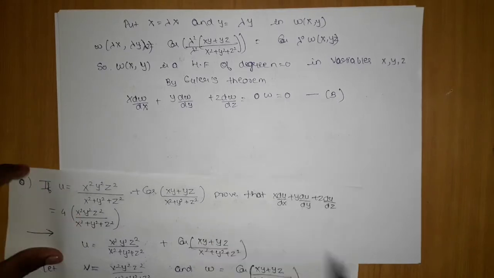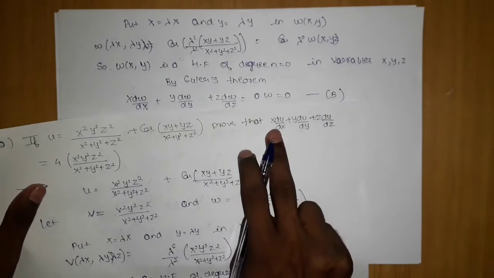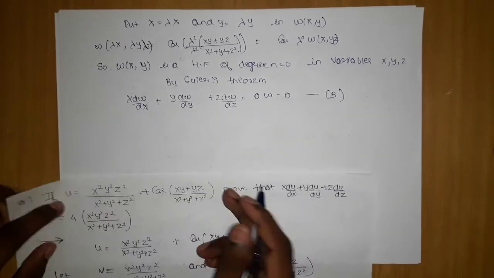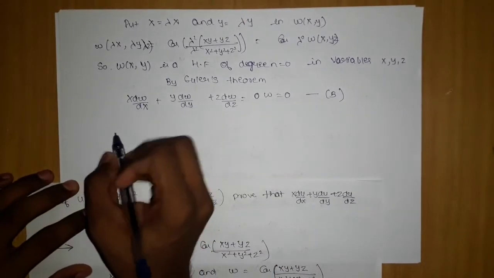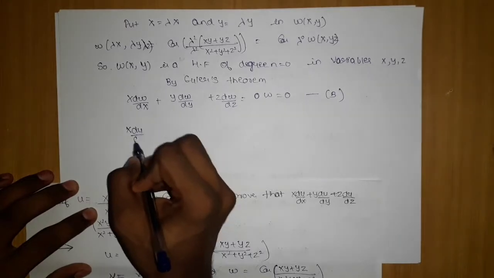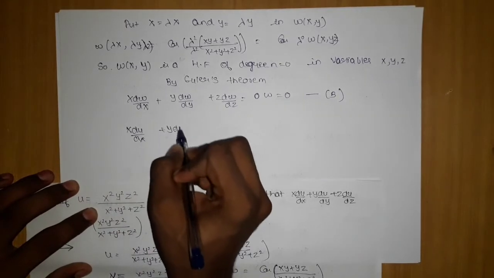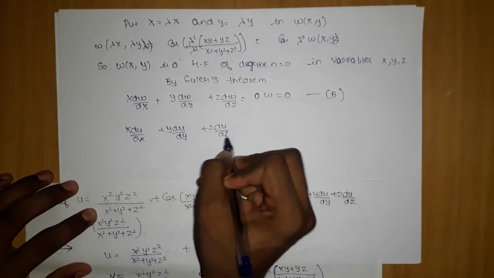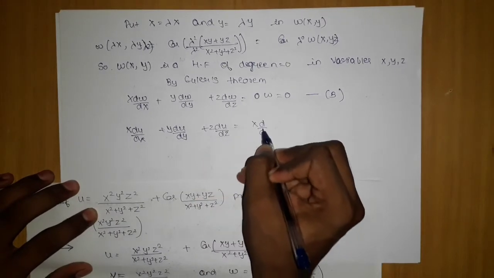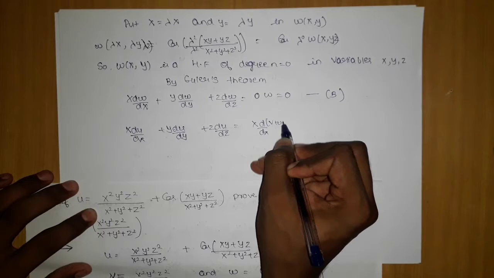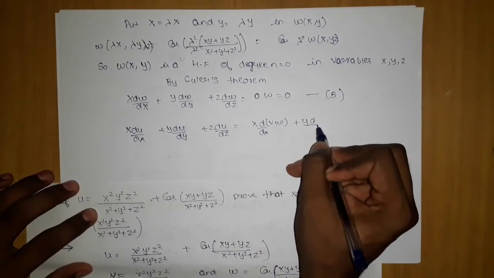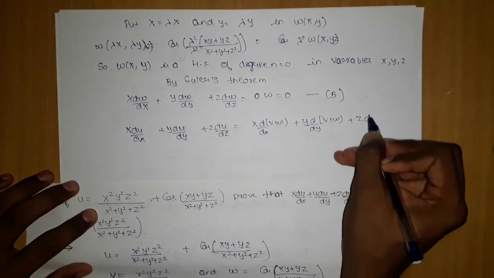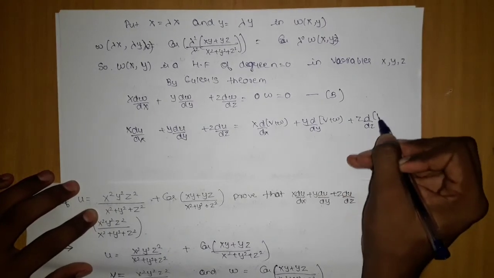Now if you see the proof, what you have is x dou u by dou x, y dou u by dou y, z dou u by dou z. Let's write this. x dou u by dou x, y dou u by dou y, z dou u by dou z, which you can write as x dou by dou x of v plus w, y dou by dou y of v plus w, and z dou by dou z of v plus w.